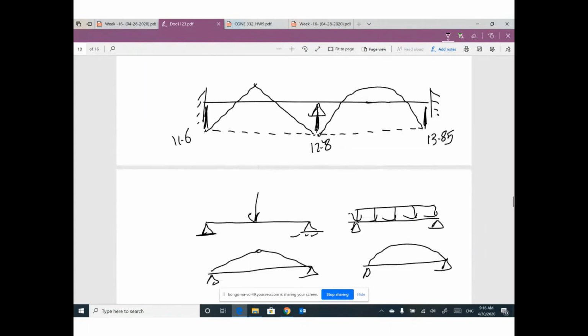So between this value and this value, I will draw a dotted line. On this dotted line, go ahead and hang this triangle. Between this value and this value, I will draw a dotted line. On this dotted line, go ahead and hang the parabola. Here is your bending moment diagram for this beam.